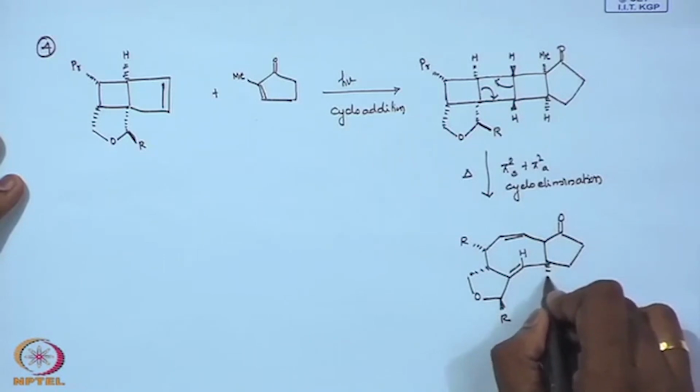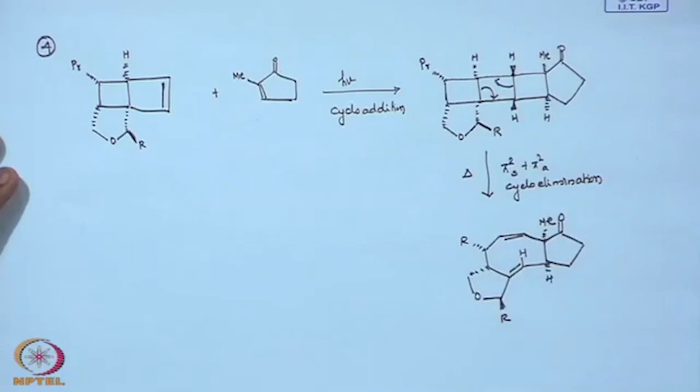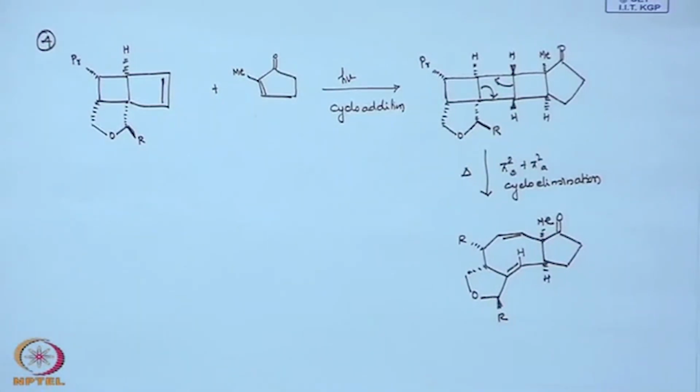Then you have your hydrogen and you have your methyl. Okay, so you get a system like this one. Now tell me what you can expect from here.